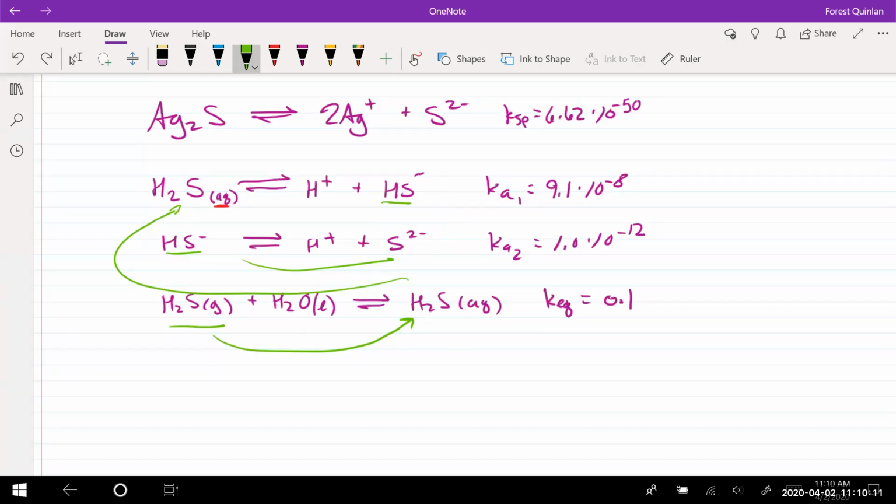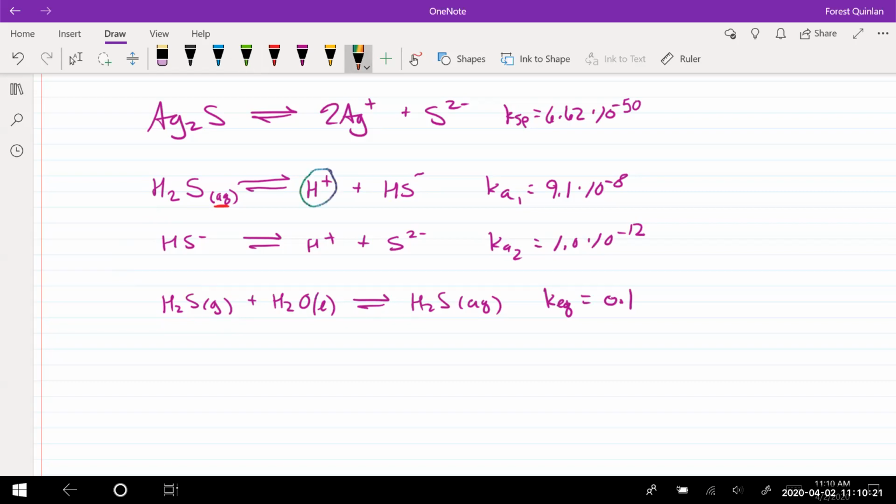So we have a lot of systems here that are going to come into play, but at the end of it, all wrapped up in the middle of this, sneaking its way around, are some H pluses. And that's where the pH is going to come into play for controlling the solubility.